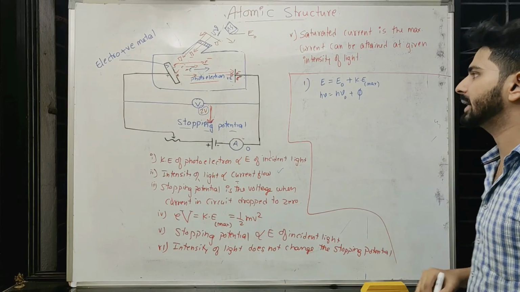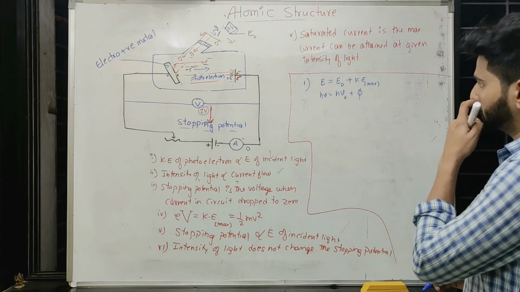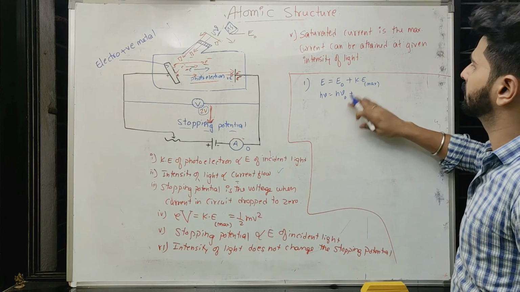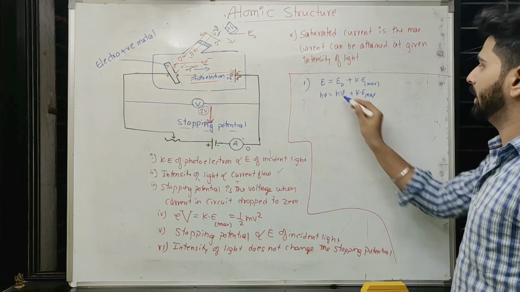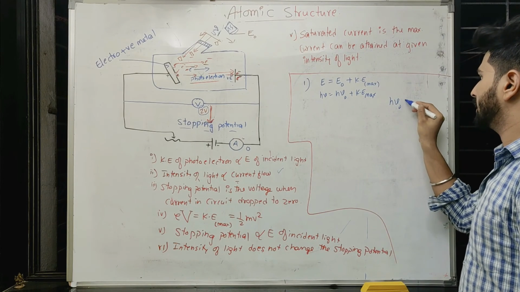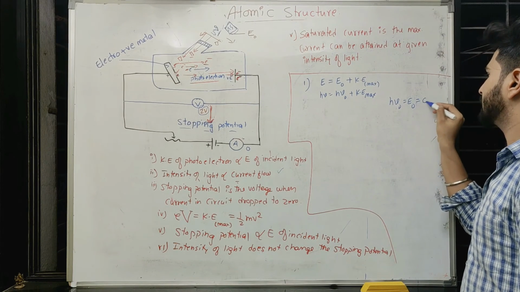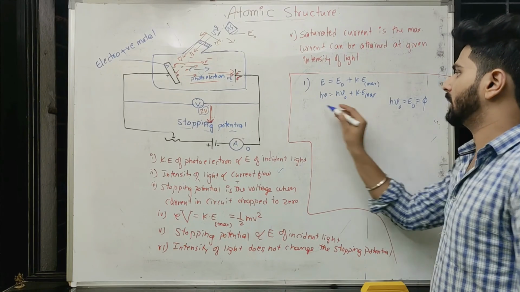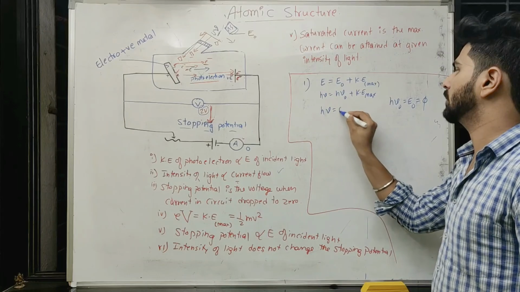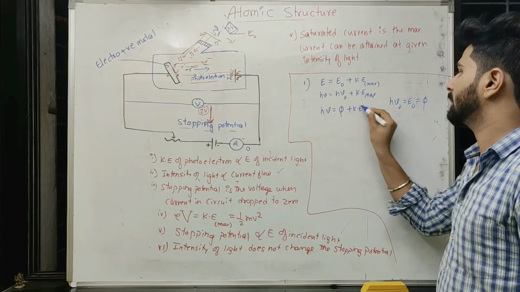Oh, I'm sorry, this is kinetic energy maximum, where h nu naught or E naught can be said as psi, the work function, because that is the property of the electropositive metal. So h nu is equal to psi plus kinetic energy maximum.